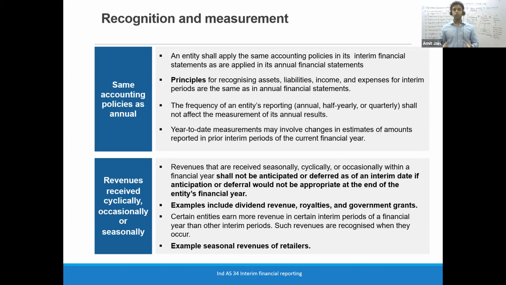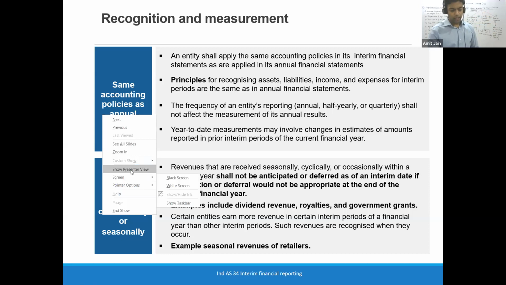Whether they have the right to defer their revenue and expenses, whether they have the right to recognize a provision, whether they have the right to recognize an asset, right? So what are the different criteria in terms of recognition and measurement of assets, liabilities, revenue and expenses during the interim reporting period itself, right, guys? So let's understand, right?